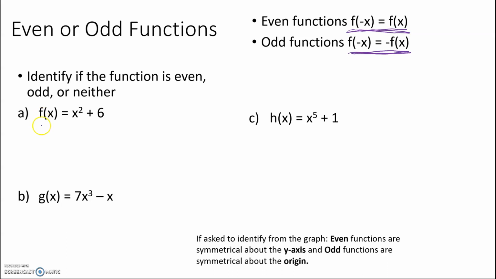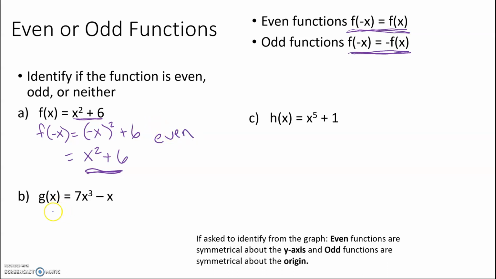So let's look here. We're going to find out what f of negative x is. Everywhere you see an x, we're going to plug in negative x. Negative x squared becomes x squared plus 6. See how this was the same as the original? That is going to be an even function.